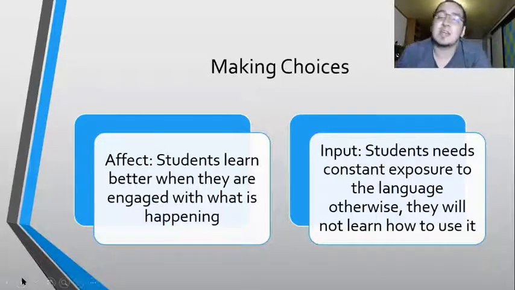Now we have the other side of the coin, and those are the students that need constant exposure to the language, otherwise they will not learn how to use it.